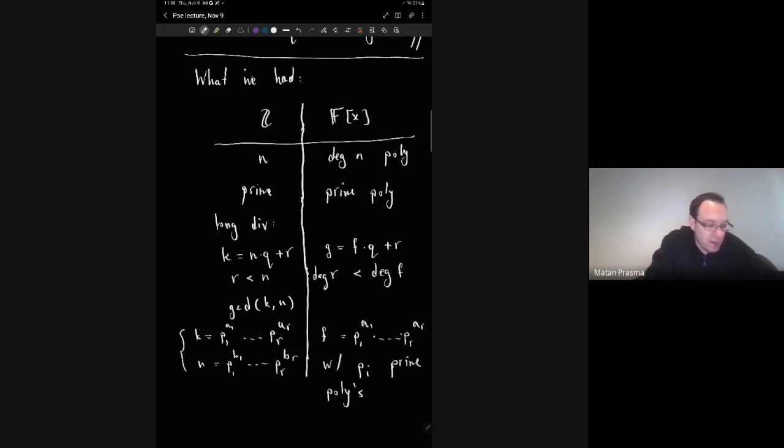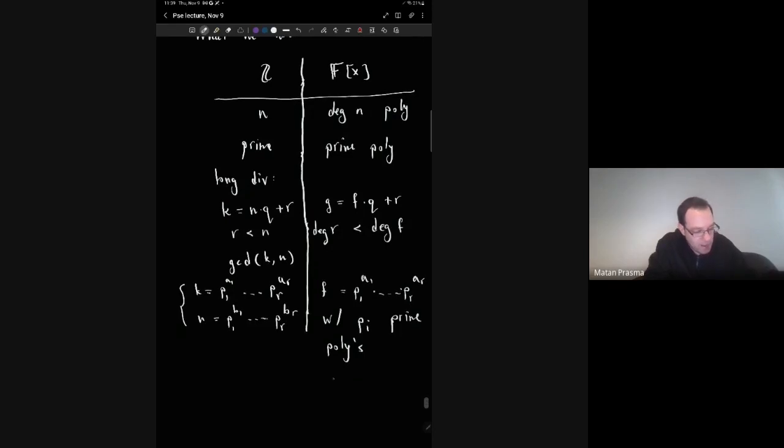So using the fact that I have a unique factorization into a product of primes, I can define, at least for monic polynomials, a GCD of f and g.